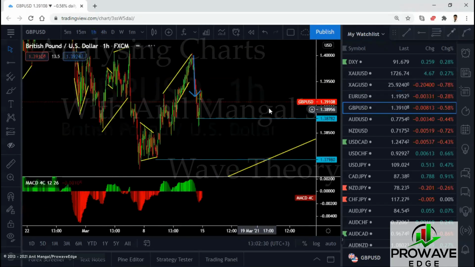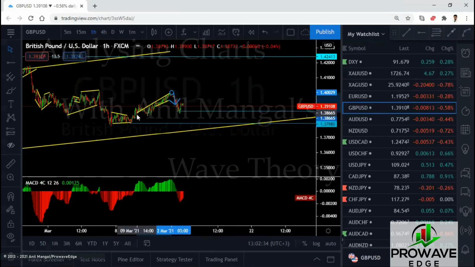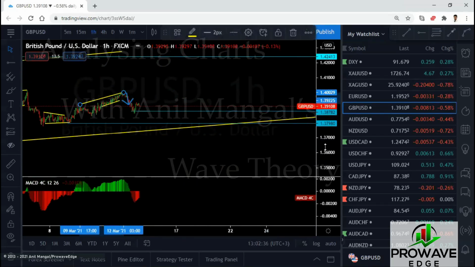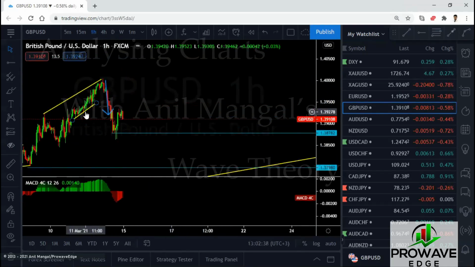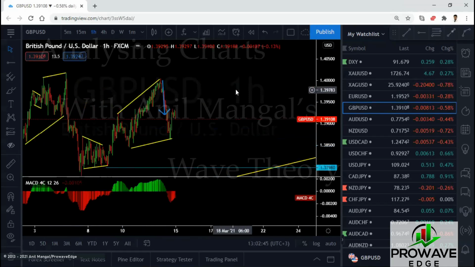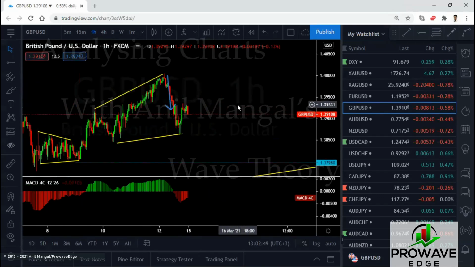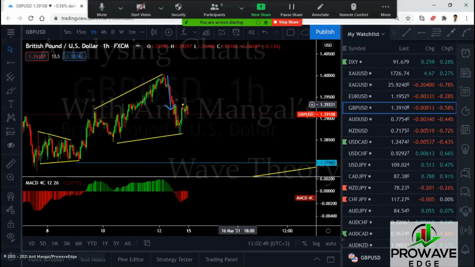Pound kind of going sideways. They break the top. We're looking for a running flat in here, and I think we might get a running flat there. And it looks like we're going to go one more up, like this. Right now, there's a flag forming here. If this remains a flag, that's a buy setup.